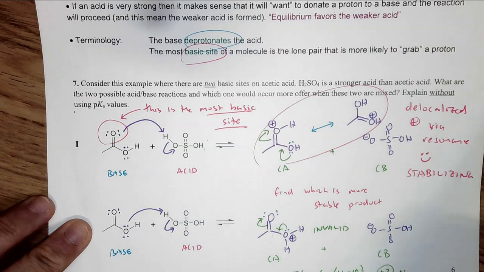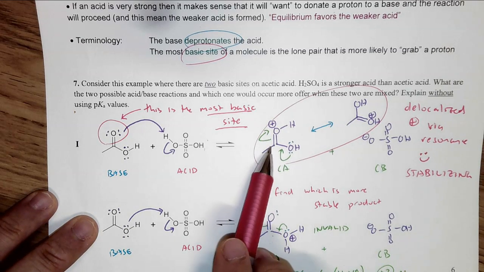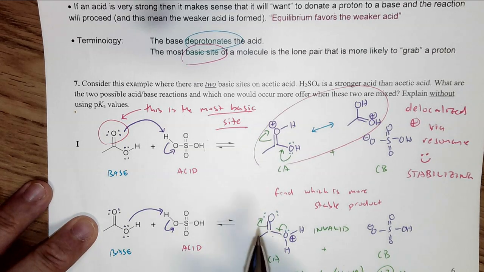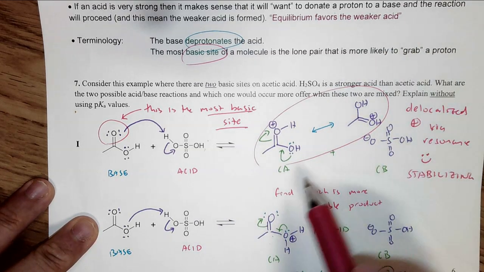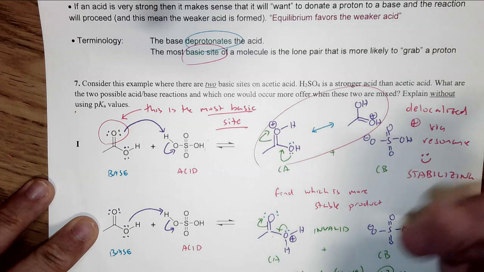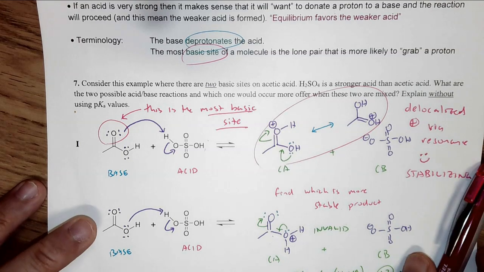Now, how would I use pKa's? Well, I would ask, which one is more stable, which one is less acidic, right? The less acidic conjugate acid is the more stable one. The more stable one is the one that's made preferentially. Okay.